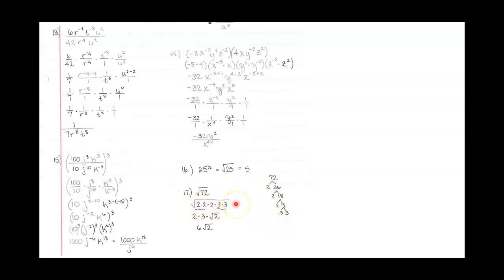Okay, so remember with our radicals, because there's no number here, we know that this is a square root. So to get rid of a square root, I need a square. So I would need 2, or a pair of things, to be able to take them out from underneath the square root.